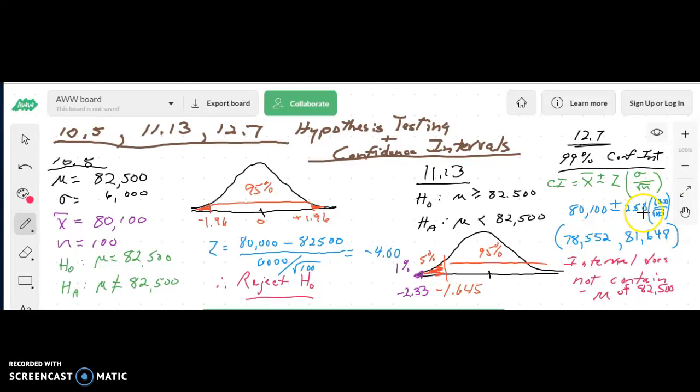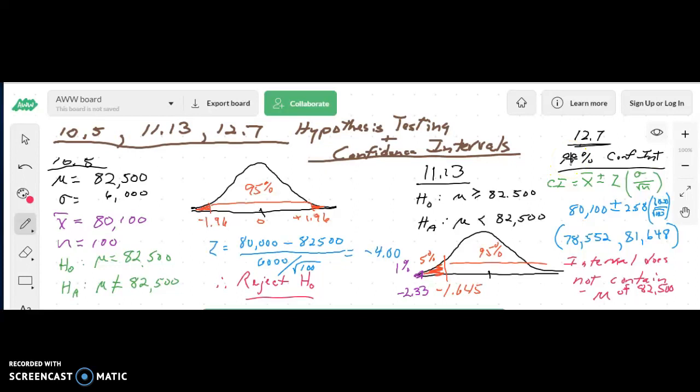This 2.58 comes from the 99% confidence interval, which comes from, in the back of the textbook, if instead of this 95% being here in the middle, we're going to increase this to 99%, which means our critical values are going further out towards the tail. And we're splitting up the 1% error to 0.005.